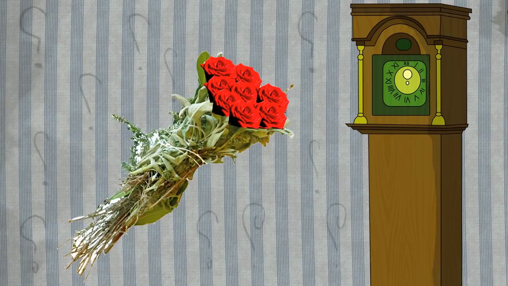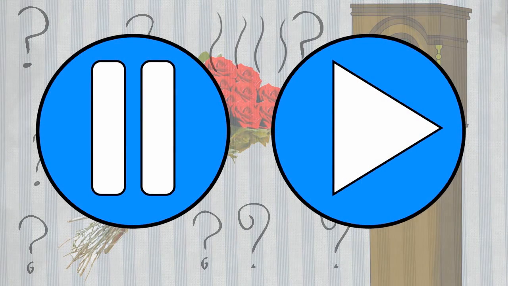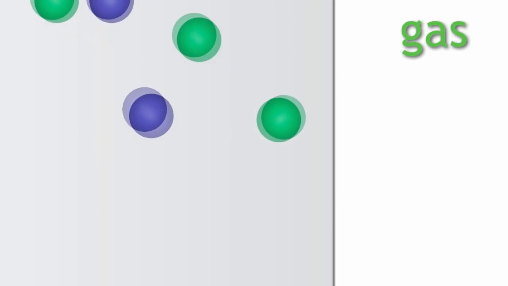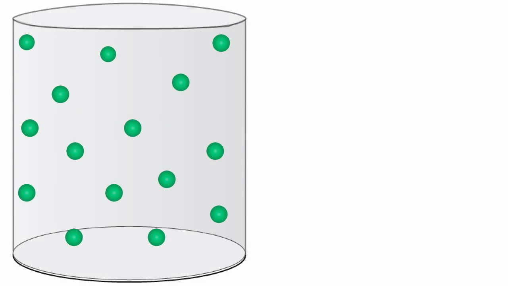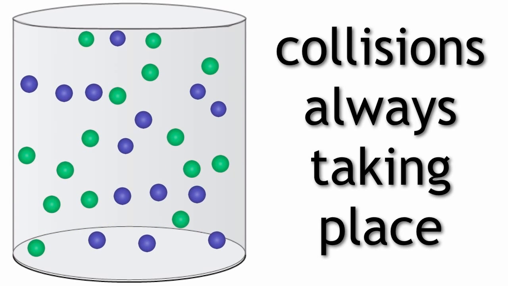Now here's a challenge for you. If someone walks into a room with some fresh flowers, why does it take a while for the smell of the flowers to fill the room? Why can't you smell them straight away? Pause the video, have a think, and restart it when you think you have the answer. Well, just as the gas particles can hit the walls of a container and rebound, the particles can also hit each other. It doesn't matter if there is only a single gas or a mixture of gases. These collisions between particles are always taking place.